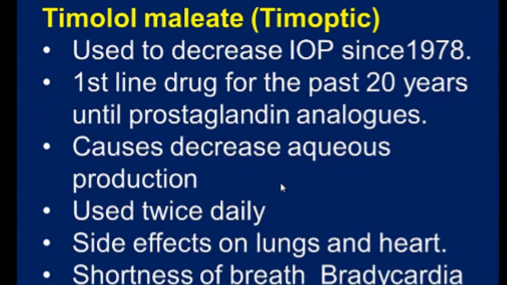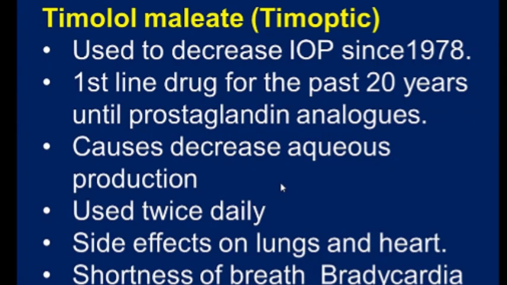Side effects are on the lungs and the heart. So patients with heart issues are contraindicated for beta blockers. Asthmatic patients or patients with any lung or pulmonary conditions are contraindicated for beta blockers. Beta blockers are also administered with caution in hypertensive patients, especially those already taking antihypertensive medication.